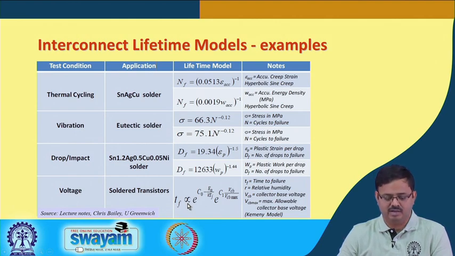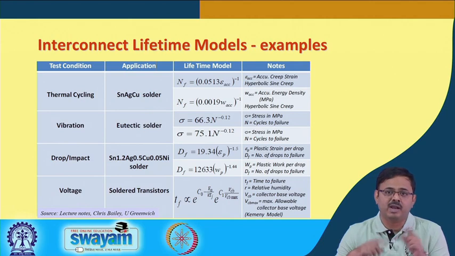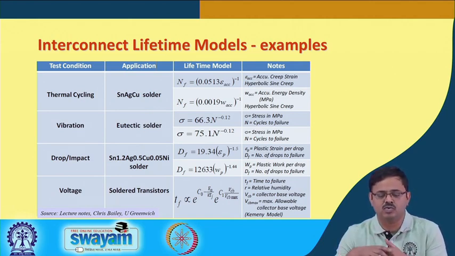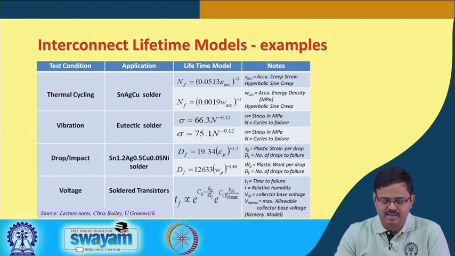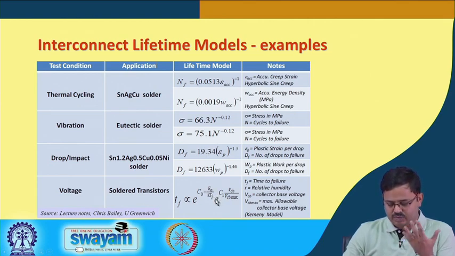If you apply much higher voltage, especially across components like transistors and solder, and make it rise and drop repeatedly, undergoing voltage cycling, then this is actually the two-variable PEX model that we talked about in the last lecture. Here the two variables can be temperature or relative humidity, and it can be the voltage.